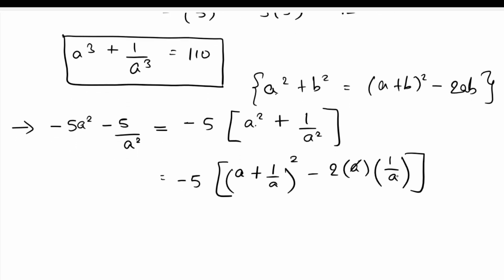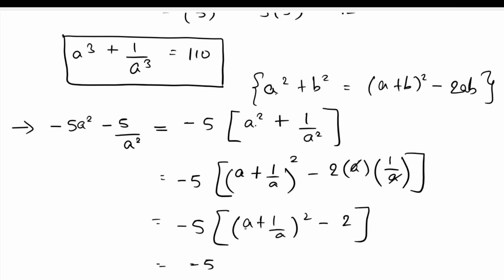Here a and a will get cancelled. So we are left with minus 5 into (a plus 1 by a) square minus 2. Now we know that the value of a plus 1 by a is 5.